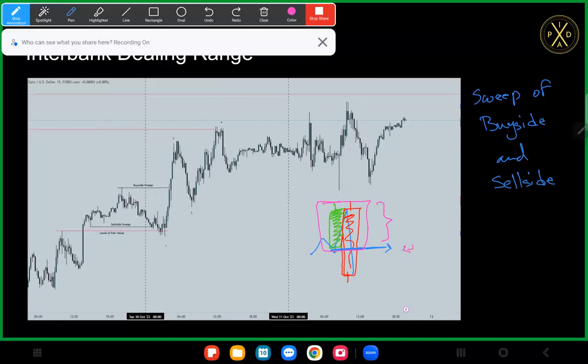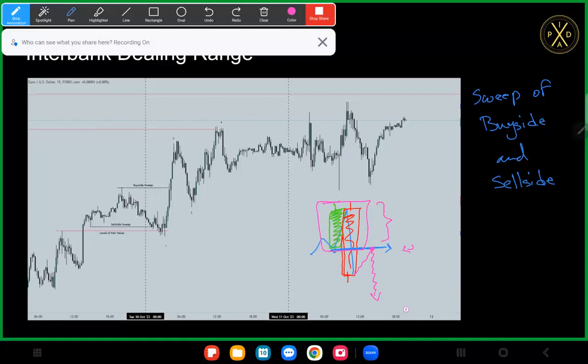So when we create an inefficiency and we leave a balanced price range with speed, there's a high likelihood that price is going to want to come up into here to rebalance this, because remember, the market wants to be efficiently delivered. So it's going to come back up within that level. And then there's a chance that we should then continue lower from there, right?